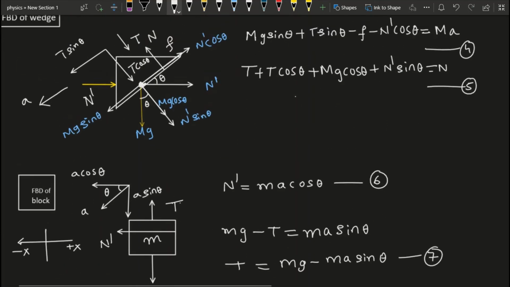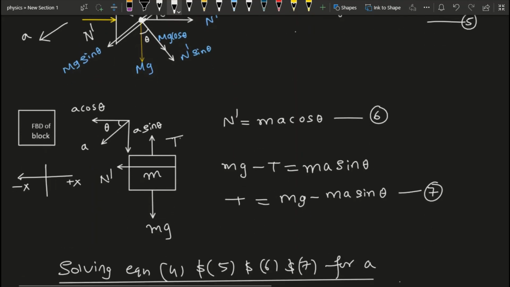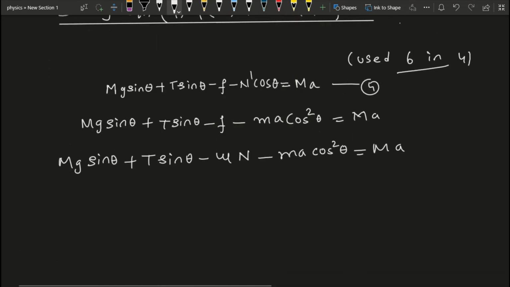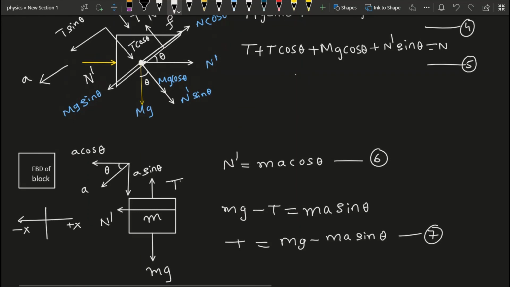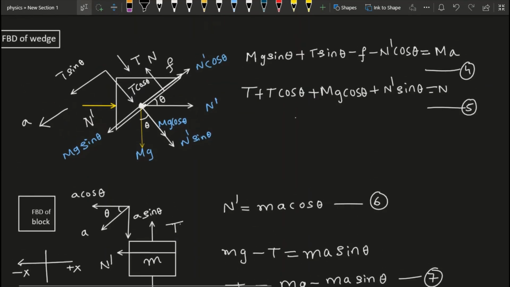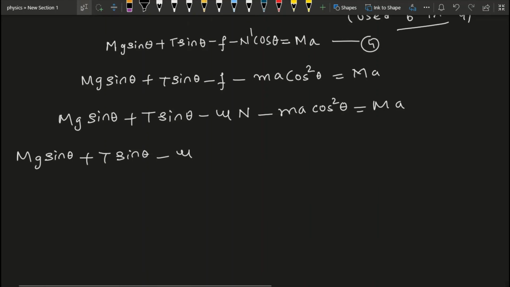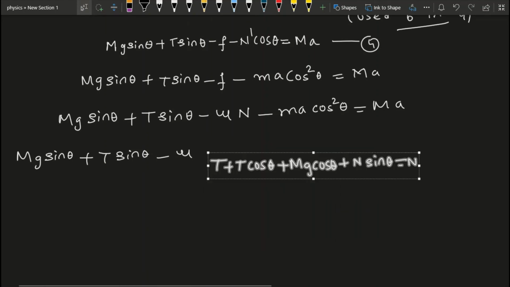Just see, we have to write this entire equation here. So again it becomes very lengthy. Capital M into g into sin theta plus T sin theta minus mu into, in the place of n, I have to write this very big equation. I can't even remember this equation, but we have to copy it, paste it. So in the place of n, I am pasting that equation.